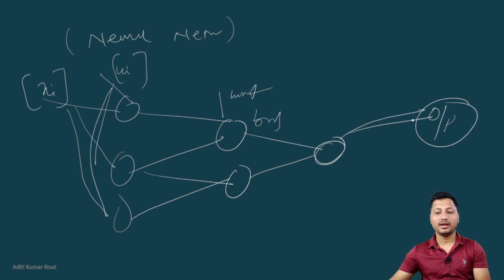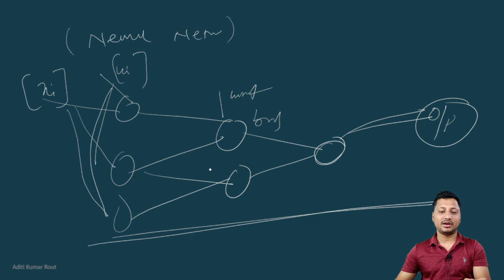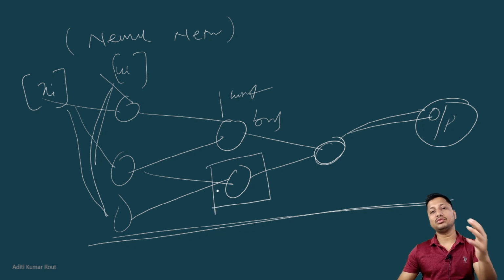And again, this is not fixed, it depends on the problem statement. So we are defining the architecture of the network according to our problem statement, the type of output we are expecting. According to that, we will define the architecture of the network, or the configuration of the neurons.